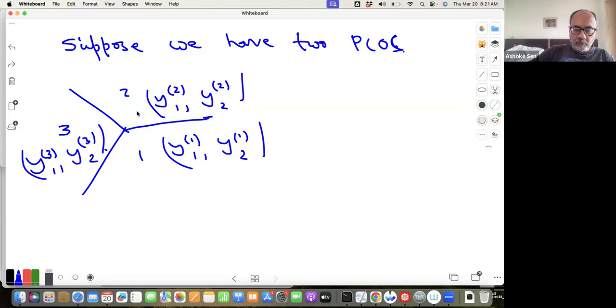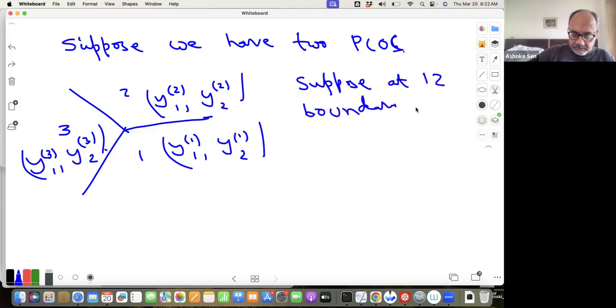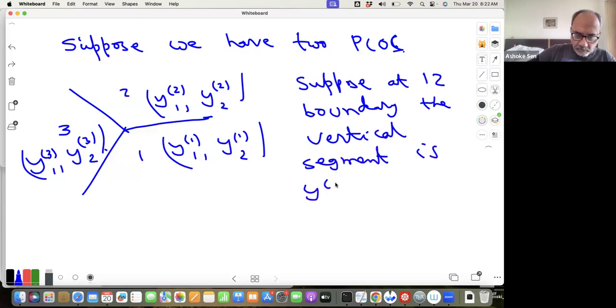Now, when you go from 1 to 2, that vertical segment we have to divide into two segments, one along which the first PCO moves, the second along which the second one moves. So let's take a prescription. At the 1-2 boundary, the vertical segment is y1,1 and y1,2.